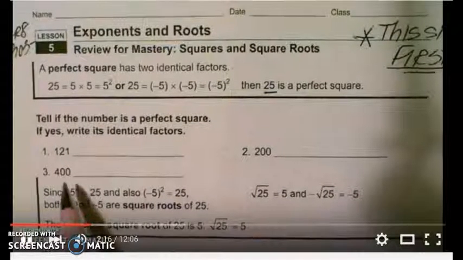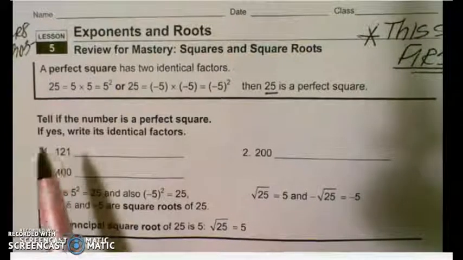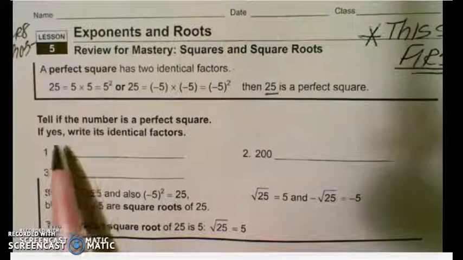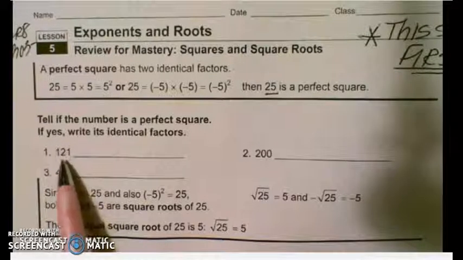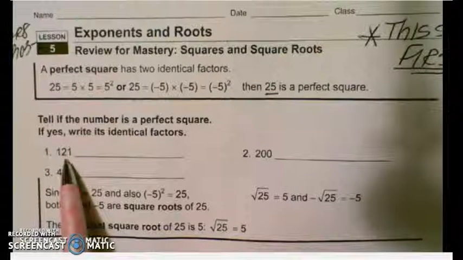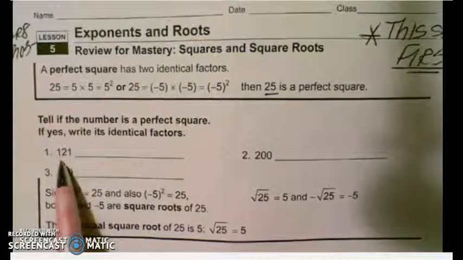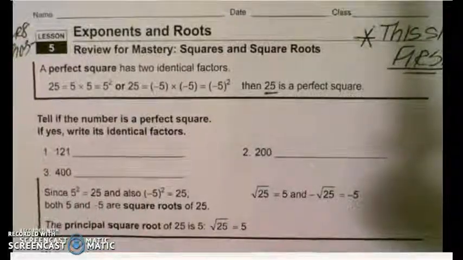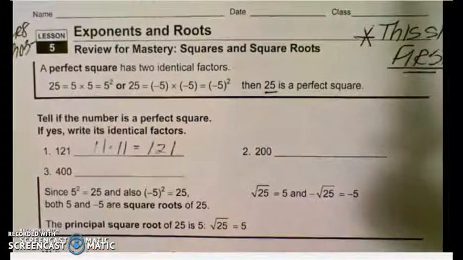So let's review these numbers to see if they are perfect squares. Again, remember, a perfect square is a number that can have two identical factors. So you need to know your multiplication facts. What two identical numbers multiplied times each other will give us 121? Well, 11 times 11 equals 121.